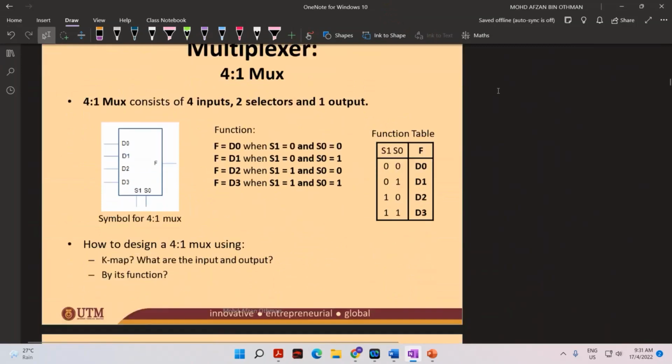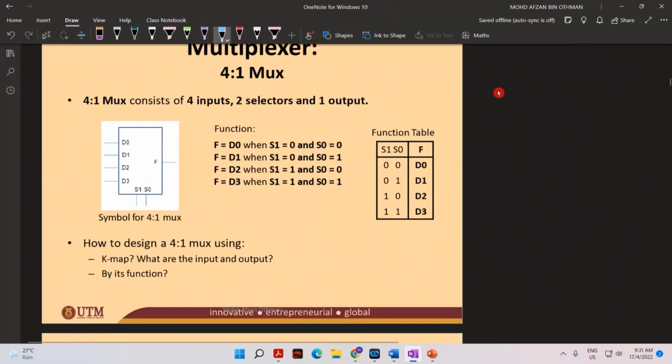Okay, so 4 to 1 mux consists of 4 inputs. Okay, dia ada 4 inputs. Kalau kamu tengok ni, ada 4 input denoted as D0, D1, D2, D3. 2 selectors, which is S0, S1, and 1 output. Okay, and the function of F here, F kat sini sama dengan D0 bila mana S1 dengan S0 sama dengan 0, 0.